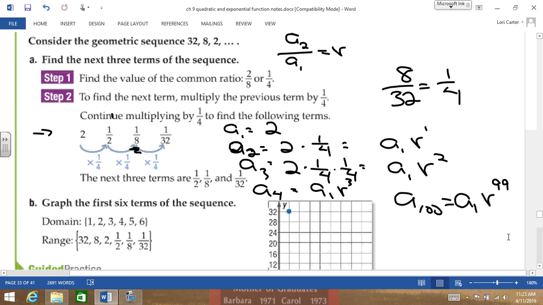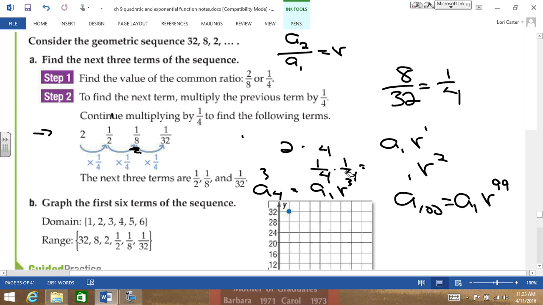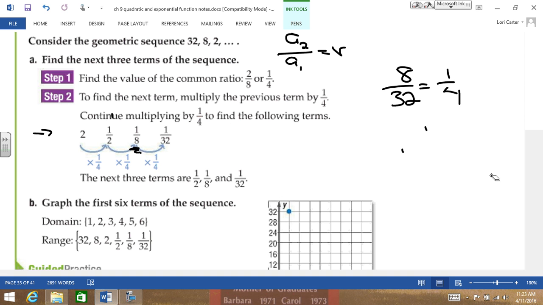So how would I write this equation? I'm going to erase this so I have room. Everybody ready? How do I write the equation for this geometric sequence? So a sub n, so any term, is equal to, what's my first term? 2.